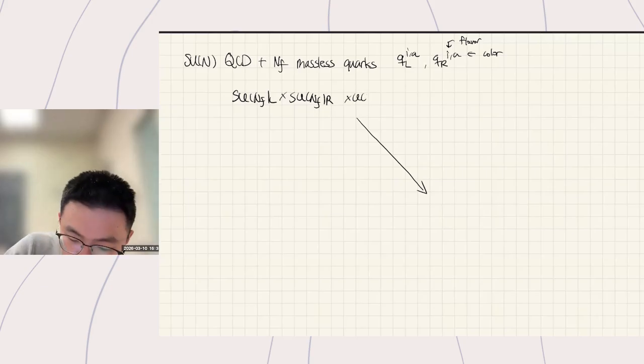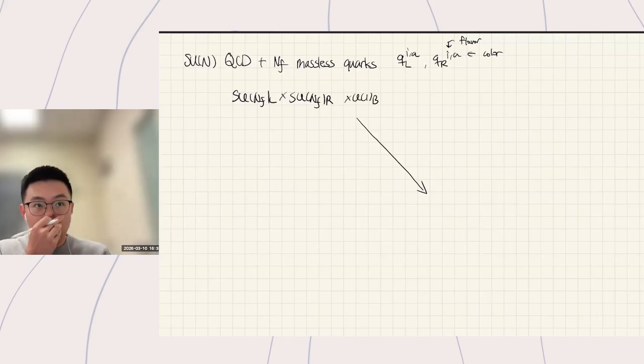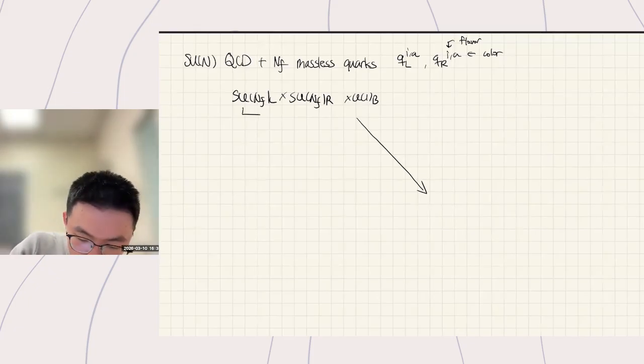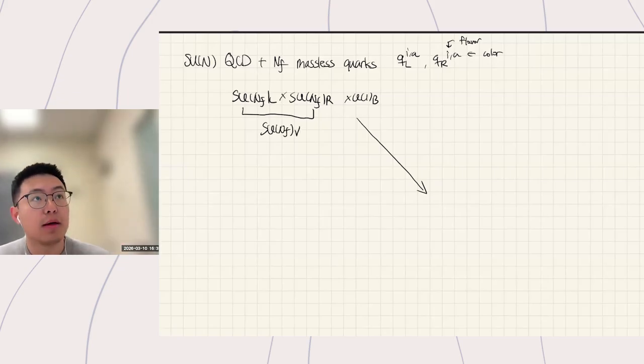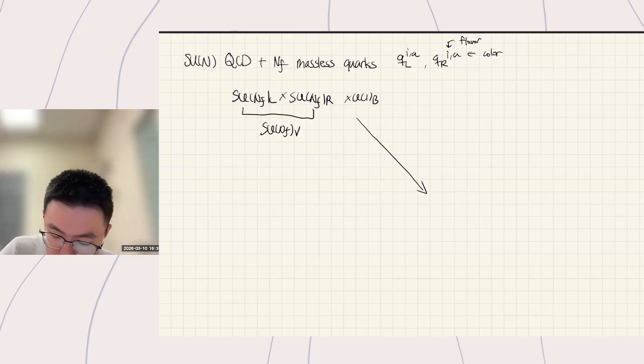And then there's also a U(1) baryon symmetry. At low energies, we'll work below the conformal window. So the chiral symmetries will go through chiral symmetry breaking, and they will be broken down to the diagonal or vector SU(N_F). In that case, the IR theory is basically described by the chiral Lagrangian.